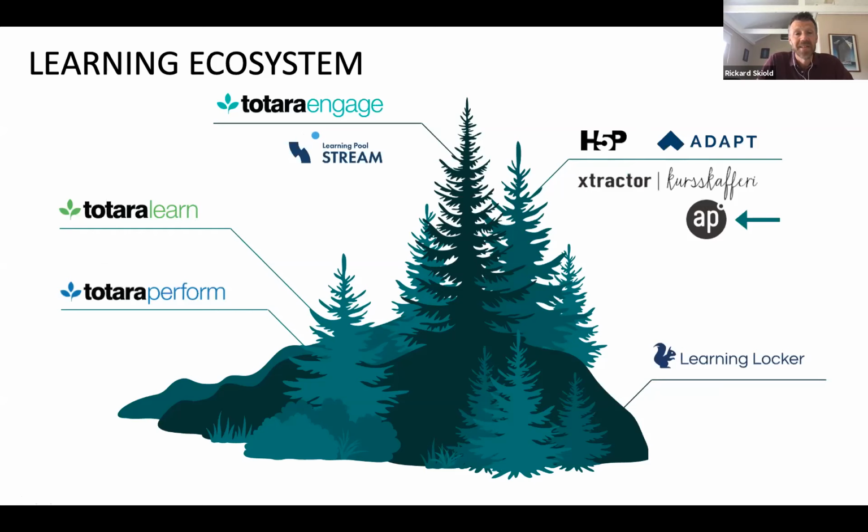And as you can see on this sort of logo mania screen, the new kid on the block for us is the Anders Pink logo. It's a new partnership for us, and we are really excited about it. In our view, one important part when we decide who to partner with, it can be Totara, H5P, Learning Pool, and now Anders Pink. The first criteria is, of course, that it's a great partner and a great product by itself.